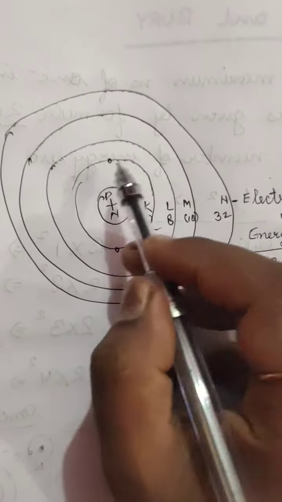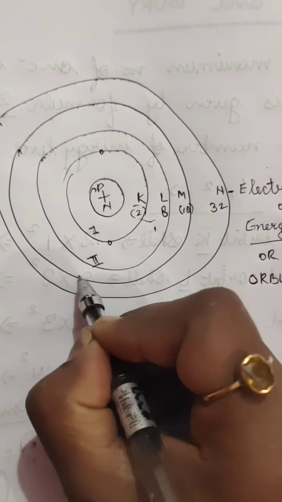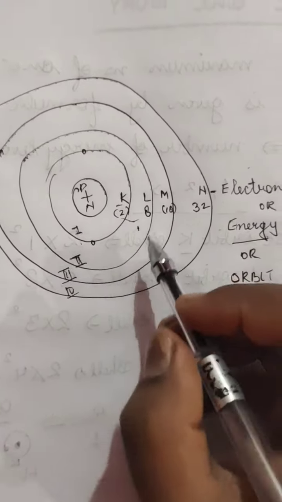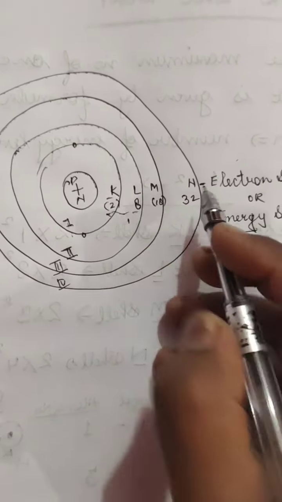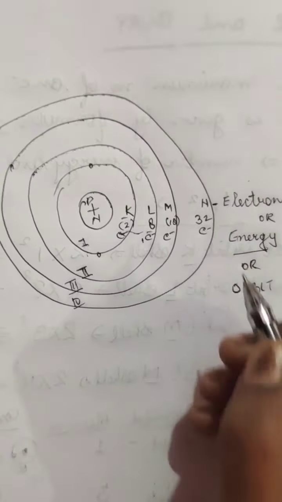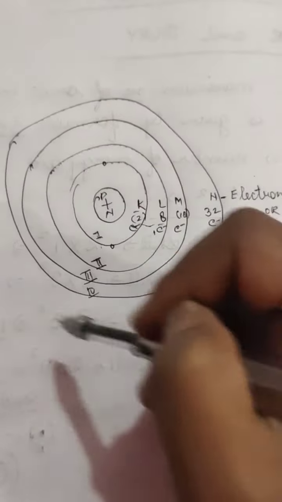This is the first energy shell, this is the second energy shell, the third energy shell, and the fourth energy shell, and these are the maximum numbers of electrons. This is the structure of an atom, though my drawing is not very proper, it has to be a circle.